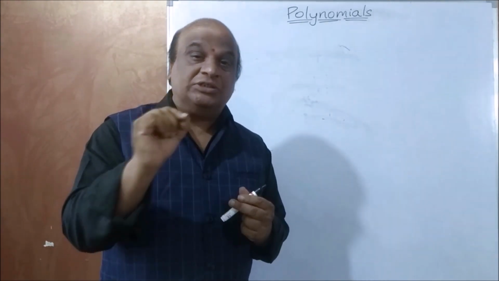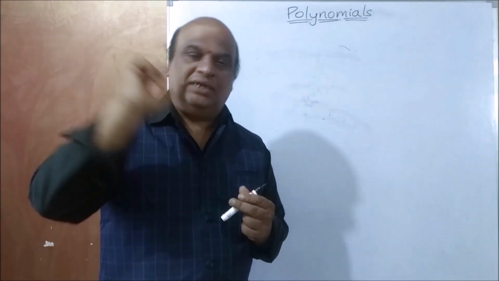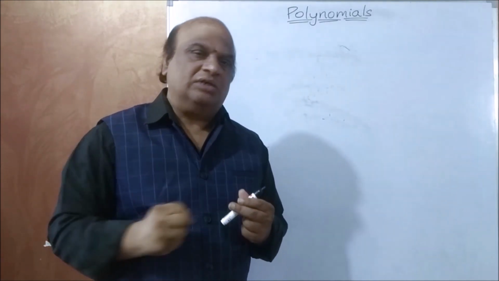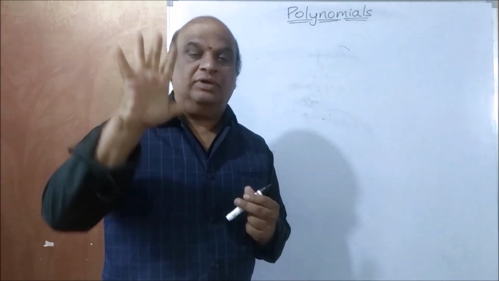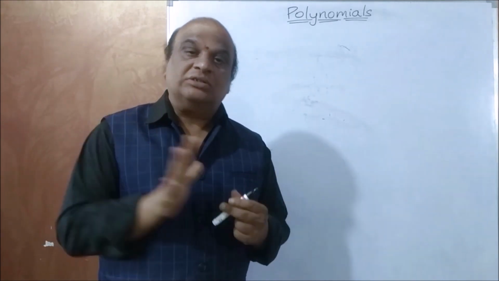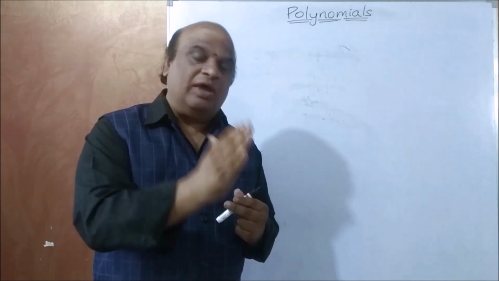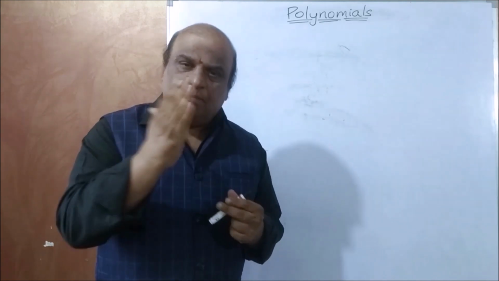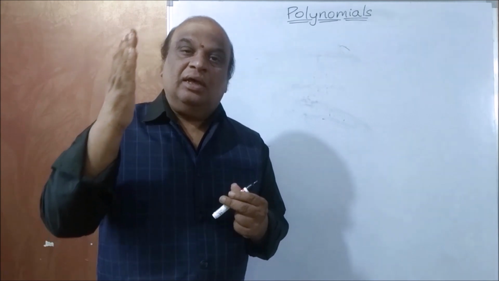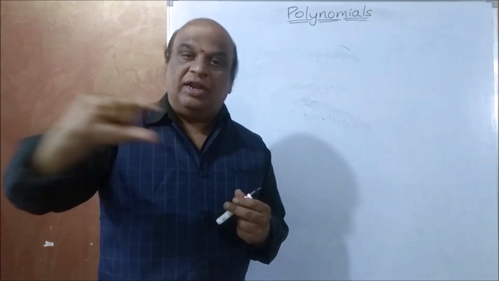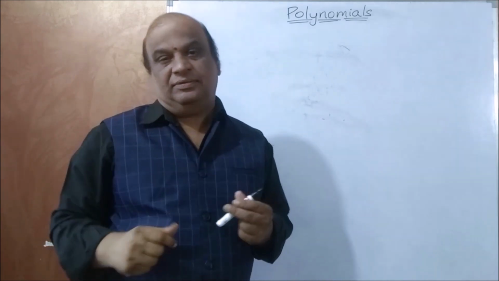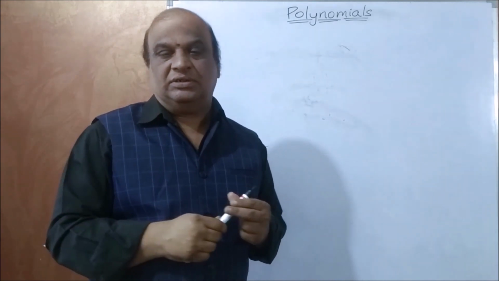Which is having its own value is called constant. 5 is a constant. Why? It has its own value. We can show 5. 4 is a constant. It is having its own value. So every number is having its own value. That's why each and every number is called a constant. That is the definition of constant.